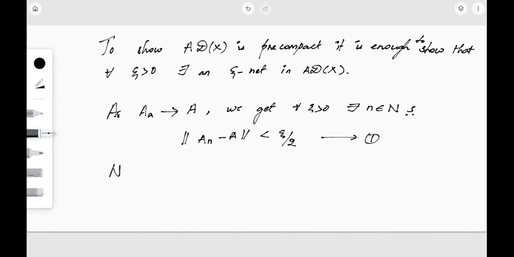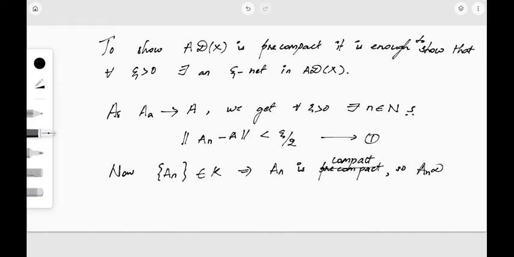Now the sequence A_n was an element in K. Sorry, A_n is not pre-compact, A_n is a compact operator, and so A_n d of x, where d of x is a unit ball, will be pre-compact.